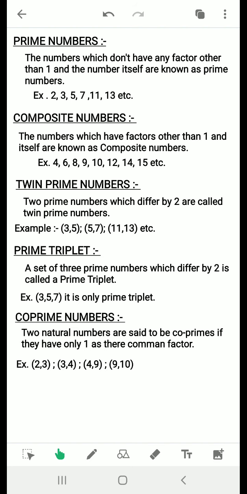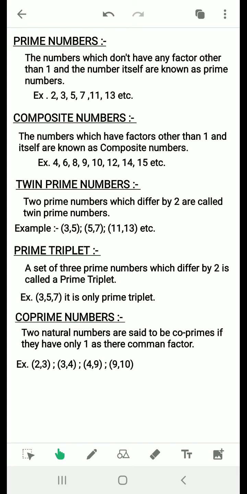Co-prime numbers. Two natural numbers are said to be co-prime if they have only 1 as a common factor. That means if we find the factors of any two numbers, they will not have a common factor other than 1.